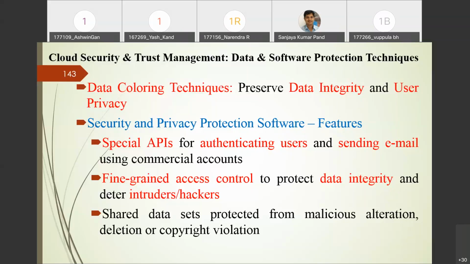I also gave one example in the last class. If you remember, I told you, suppose you logged into your Gmail account in Hyderabad, let's say at 1 p.m. But at 1:10 p.m. you are logging in with the same username and password from Delhi. It is not possible within 10 minutes to move from Hyderabad to Delhi.